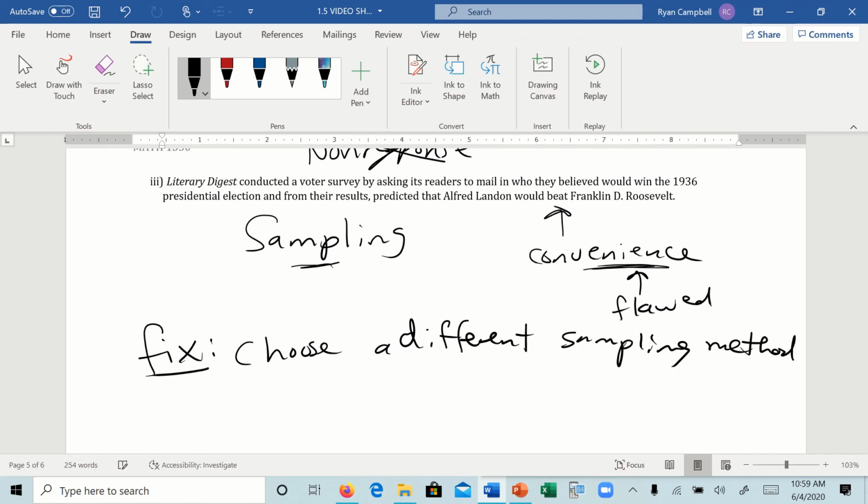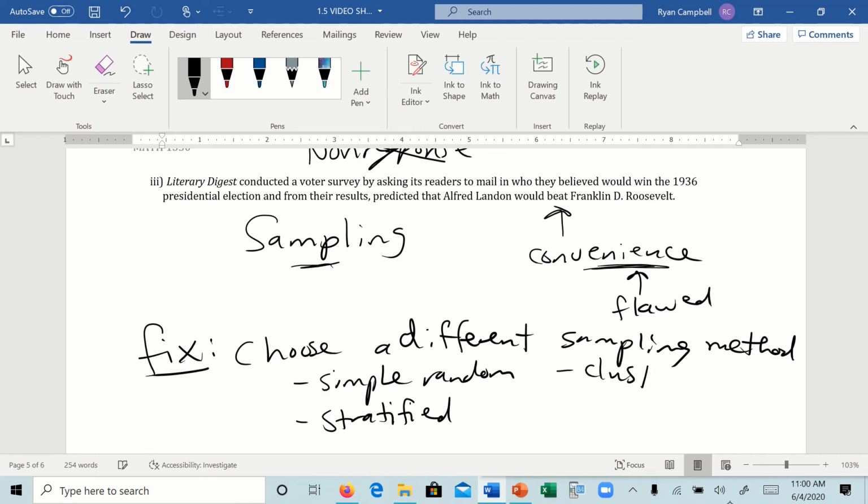Right? We have 4 to choose from. We could do the simple random, where we put names in a hat or get a computer to randomly generate some names. We could do the stratified, right? Break people into groups and then take a lot of people from each group.